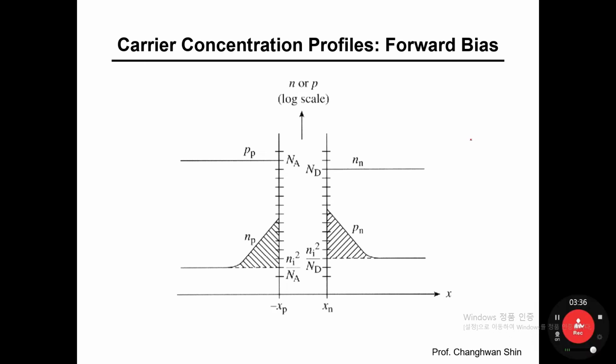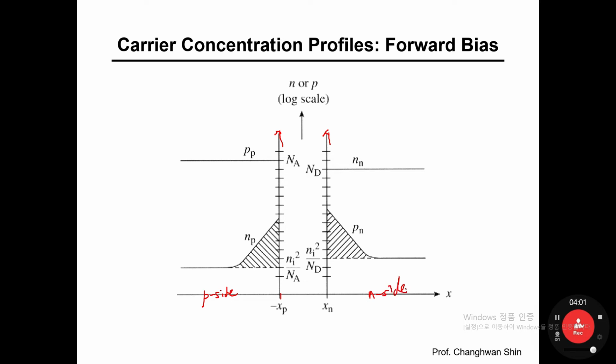So, carrier concentration profiles under forward bias. Here, I have drawn two different y-axes to emphasize how the holes and electrons are distributed at each quasi-neutral region. Here is the p side, and this is the n side.